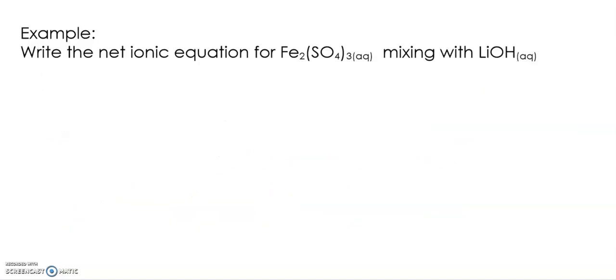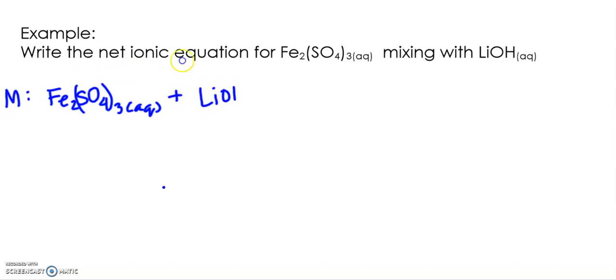All right, let's do another example from start to finish. It says write the net ionic equation. I'm going to first write my molecular equation. So Fe2(SO4)3 aqueous reacts with lithium hydroxide that is aqueous.